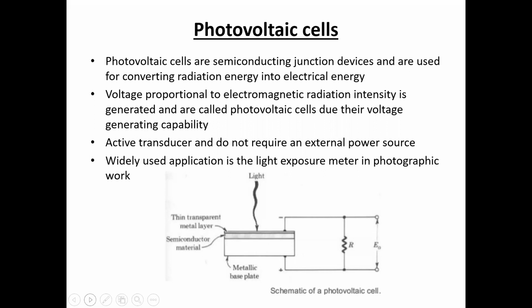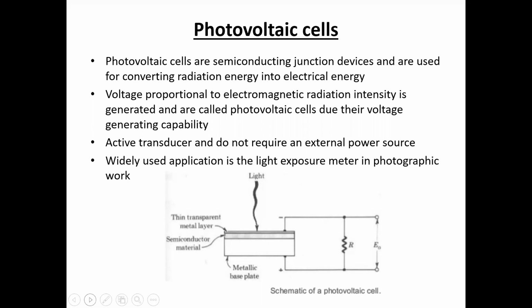But photovoltaic cells don't require any external supply. Rather, when there is incident light, they generate some voltage. So in that sense, they can be termed active transducers, and from the amount of generated voltage, the change in the intensity of light can be predicted.